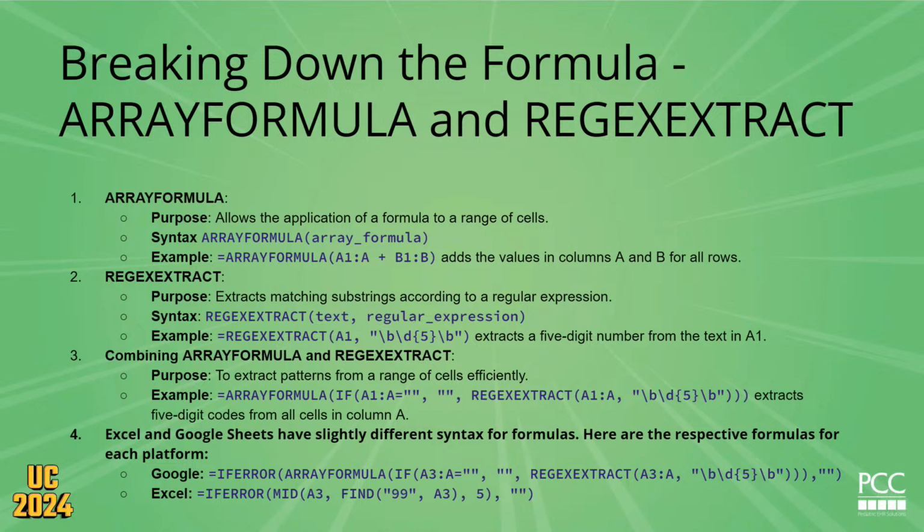To get the same procedure codes, I used IFERROR, MID, A3, FIND, and in quotes 99 for the procedure codes that I needed for the well visits in order to provide this demo for you. So for each of the different formulas, you have an Excel and a Google Sheets version.